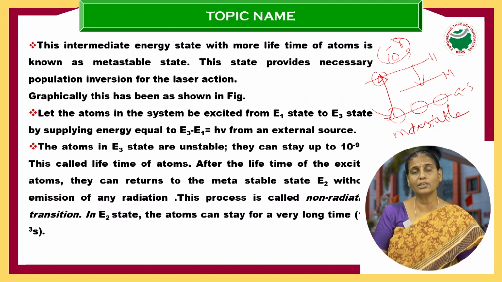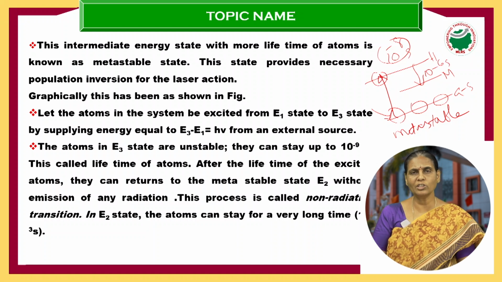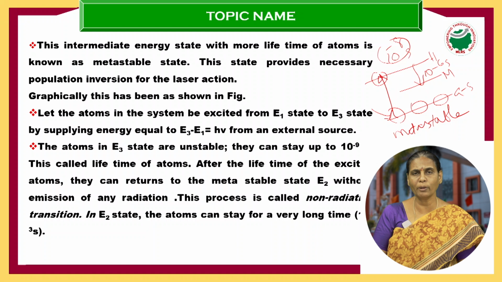If you compare, in the middle energy state, the metastable state, the atoms will stay for a time of 10^-6 seconds. See the comparison: in which energy state are the atoms staying for more time? In the middle energy state, they are staying for more time compared with the higher energy state. Once this lifetime is also completed, the atoms automatically get de-excited to the lower energy state.